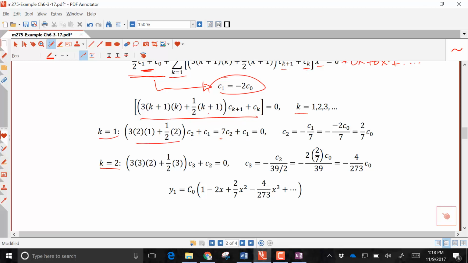So I simplified this, and then I solve for c sub 2. And c sub 2 is equal to something with a c sub 1 in it, but c sub 1 is equal to -2 c sub 0. So now I was able to write the c sub 2 in terms of c sub 0.